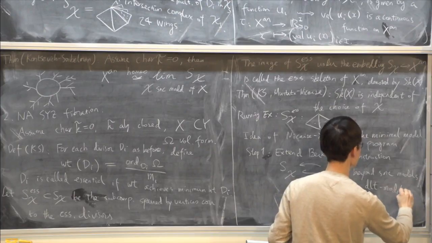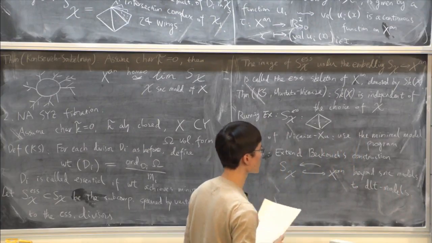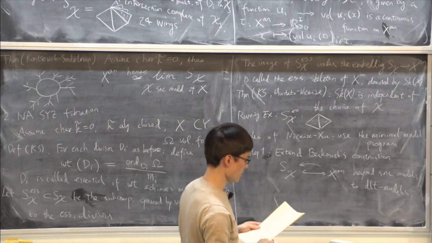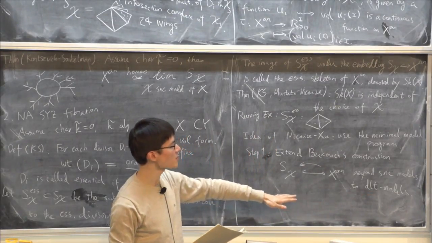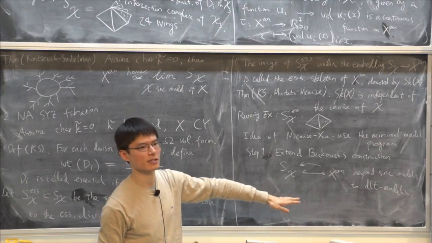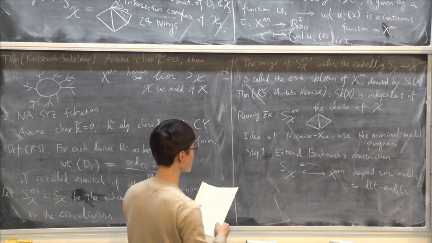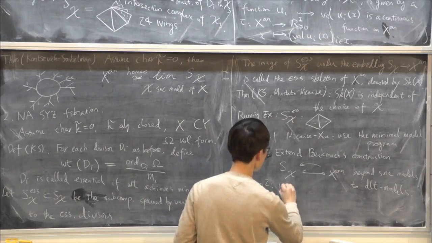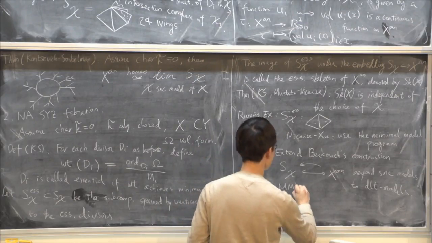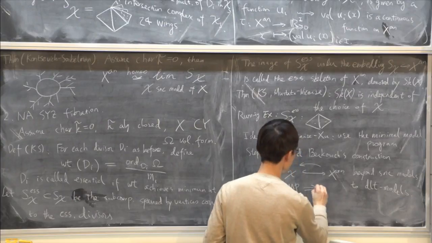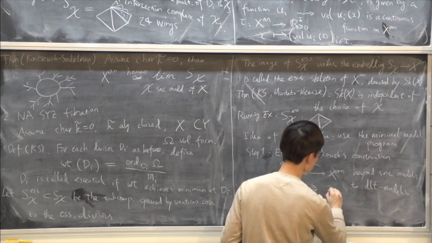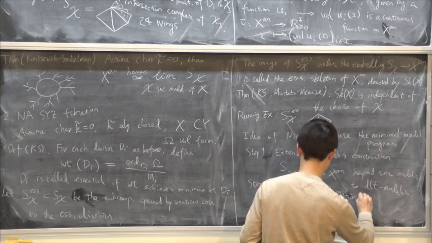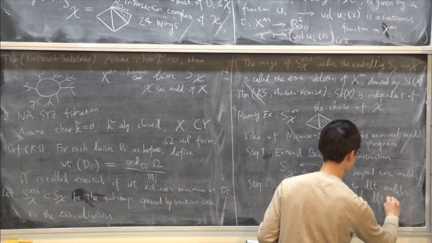DLT, divisorial log terminal, is a notion in minimal model theory, which allows some mild singularities beyond SNC. And then by step 2, the minimal model program implies that there exists a minimal DLT model.